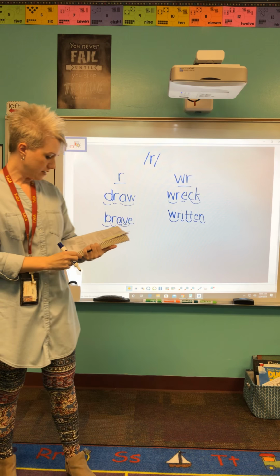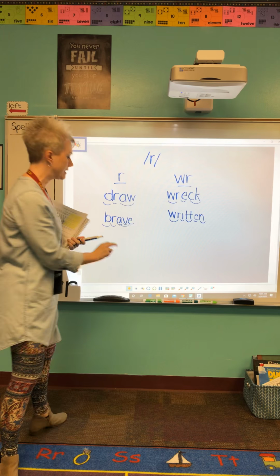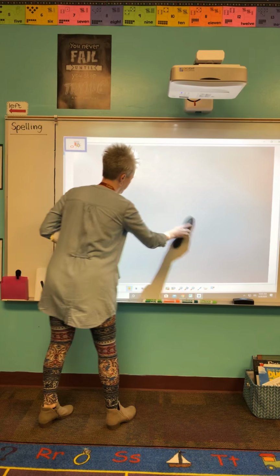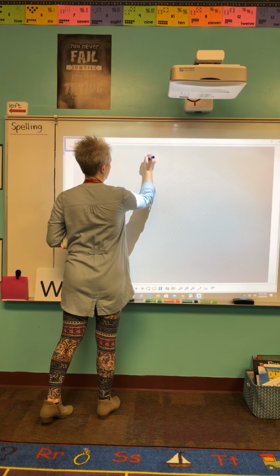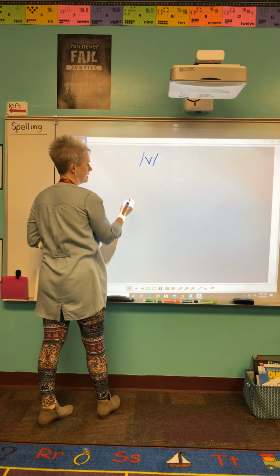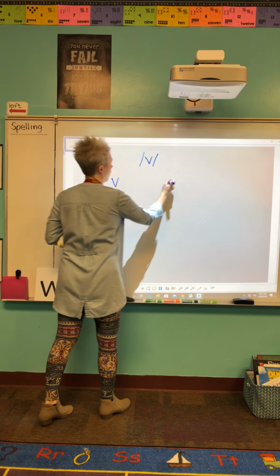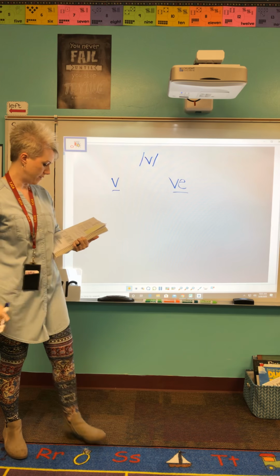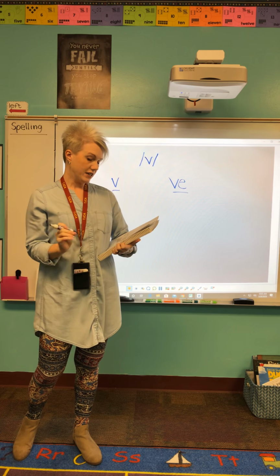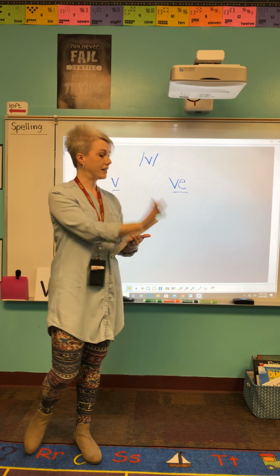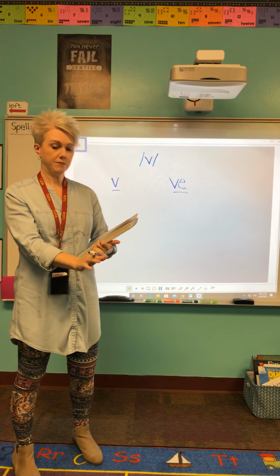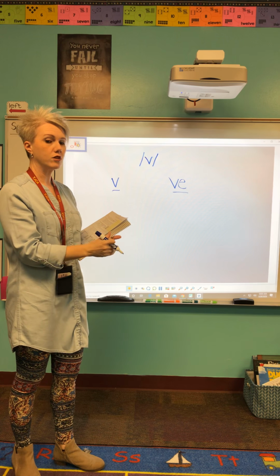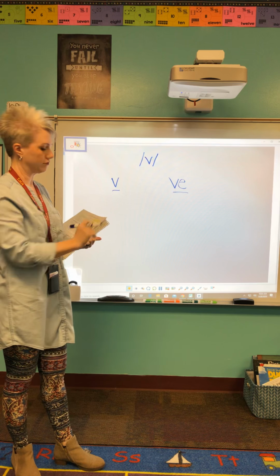Alright, let's practice a few of our V sound words. And if you remember, the V sound can be spelled V or VE. Normally, if the V sound is at the end of a word, it's going to be a VE. If the V sound comes at the beginning or in the middle, it's just a V by itself.